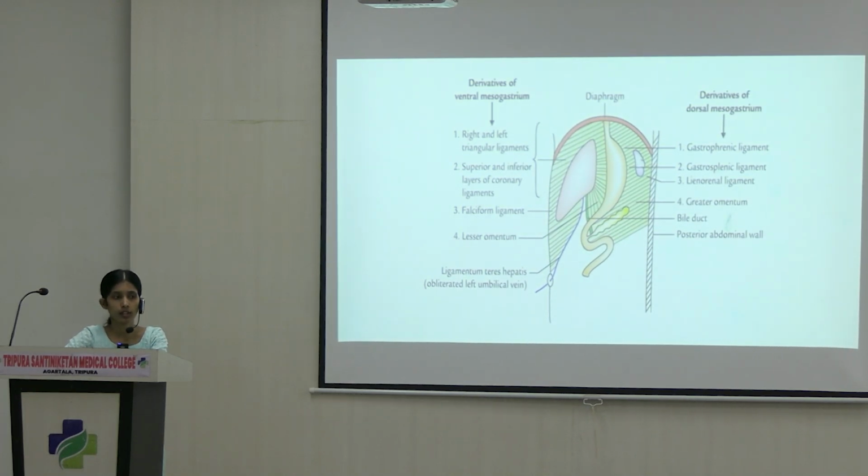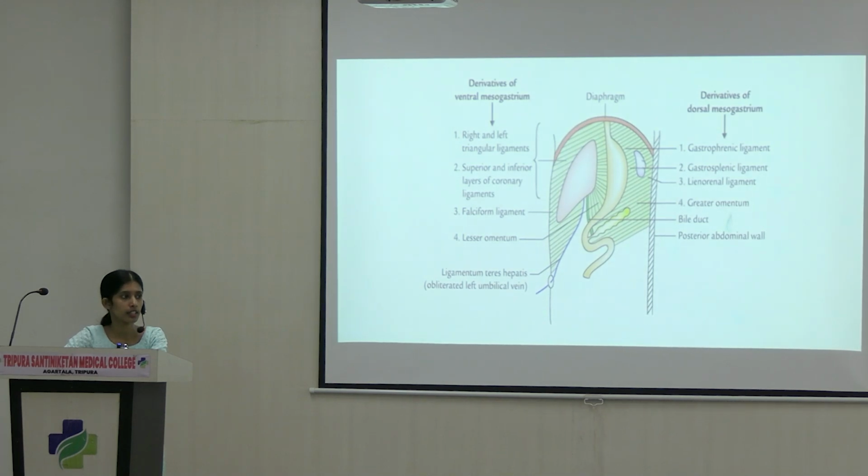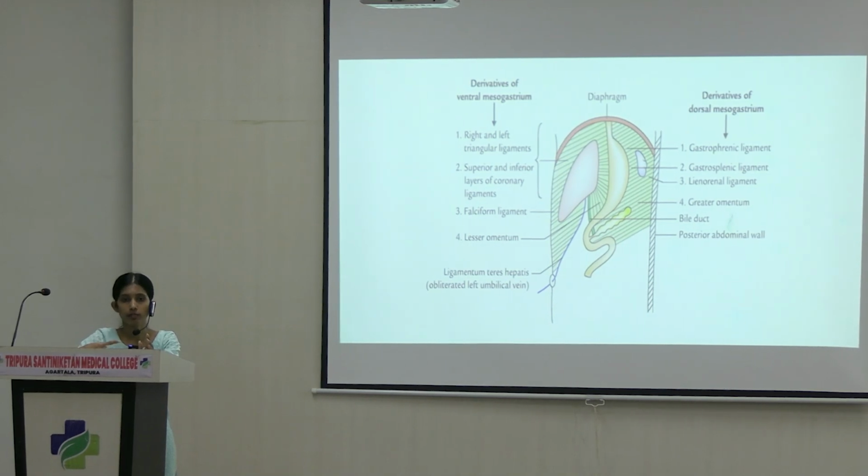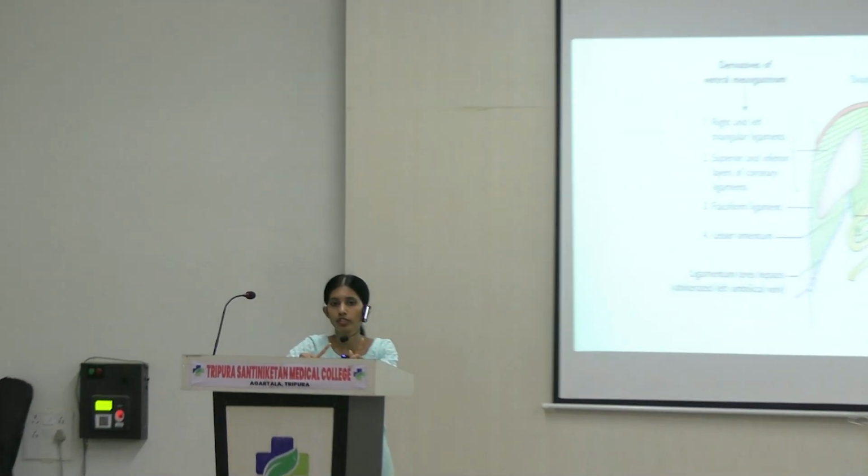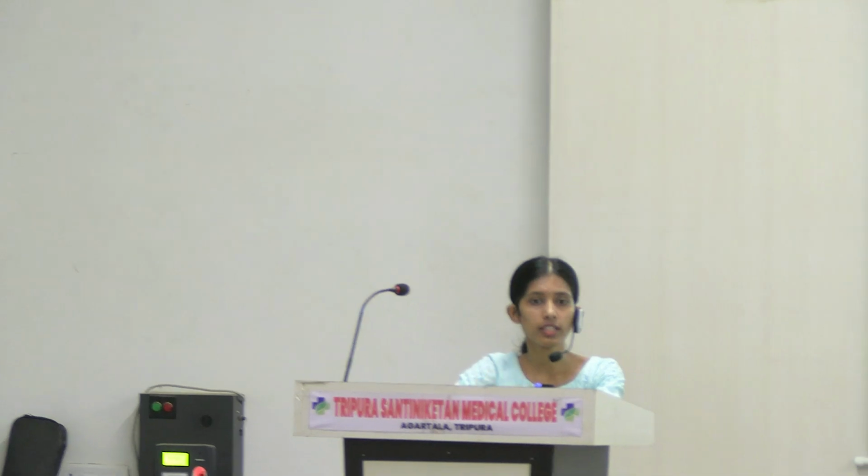Rotation. There are two types of rotation. One is 90-degree rotation and another one is antero-posterior. What is happening in 90-degree rotation? In the 90-degree rotation, the stomach, which is present in the midline between your anterior and posterior abdominal wall, will move towards the left side due to the enlargement of the liver, which is moving towards the right side.